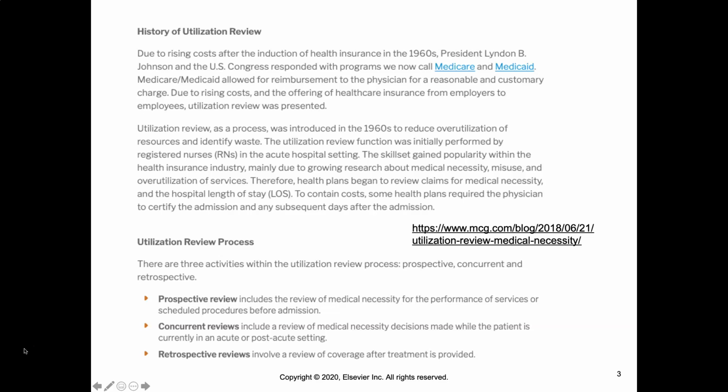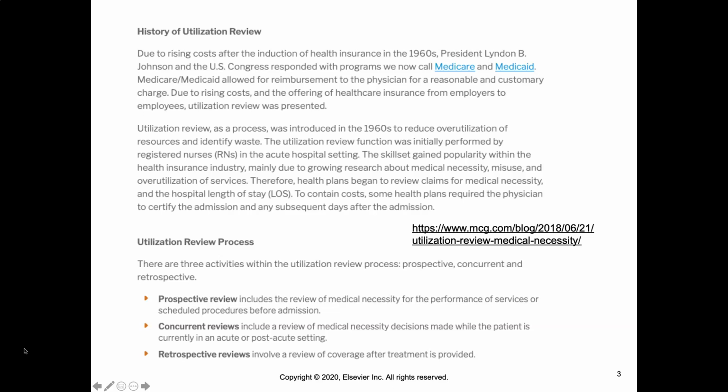payer side. There are basically three activities within utilization review. They are different types of reviews. There's prospective review, that is reviewing medical necessity before anything is performed. There is concurrent review, that looks at medical necessity decisions being made while the patient is currently in their setting, whether that's acute or post-acute.